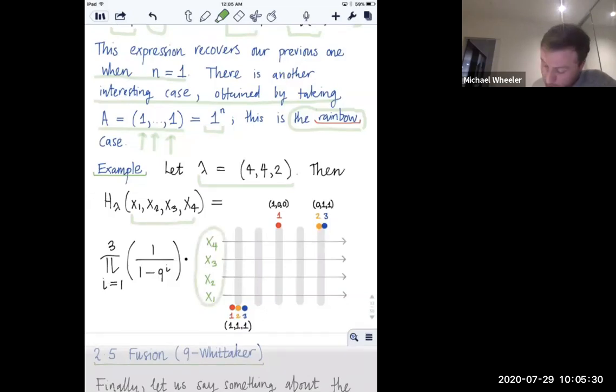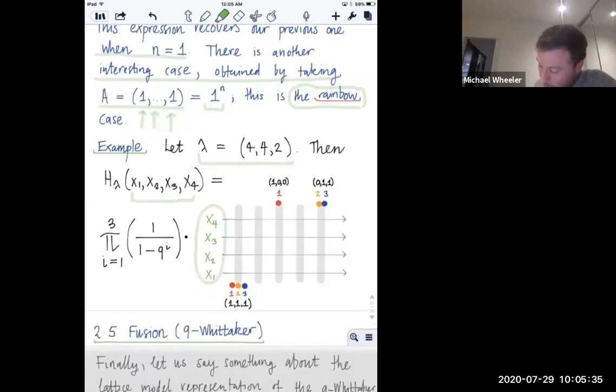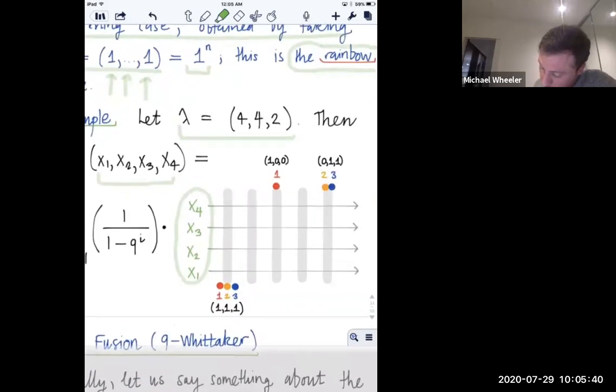And what I'm going to do is take 3 particles to be incoming at the base of this column here. So this is a particle of color 1, a particle of color 2, and one of color 3. If I represent that in terms of a vector, that would just be the vector 1, 1, 1. Those particles are going to propagate through the lattice, and one of them has to leave at the top of this column.